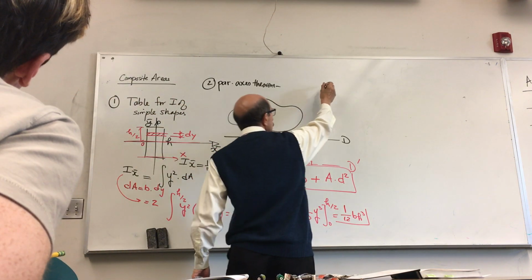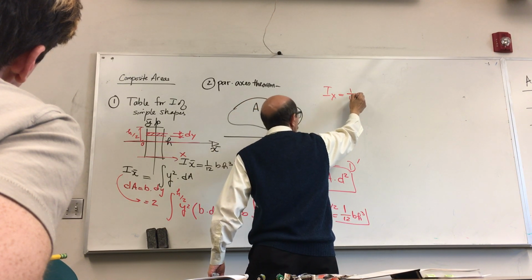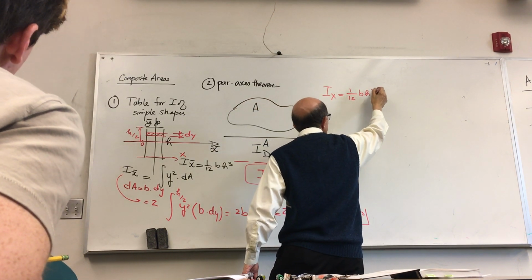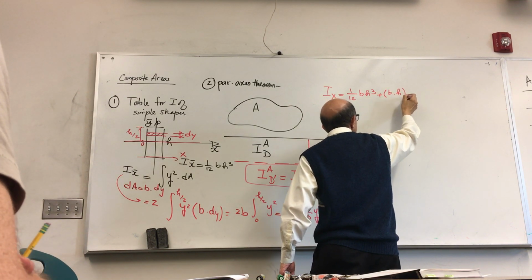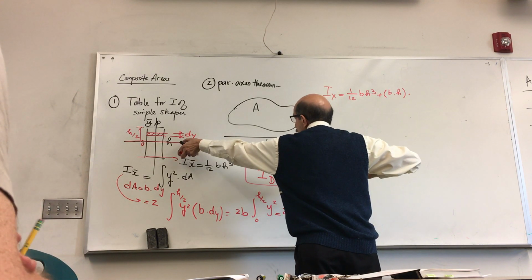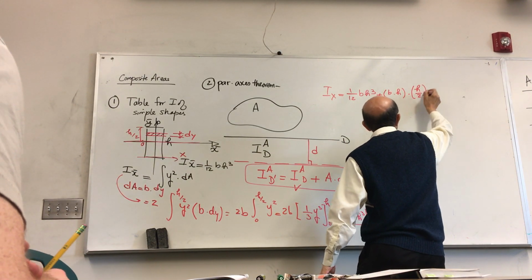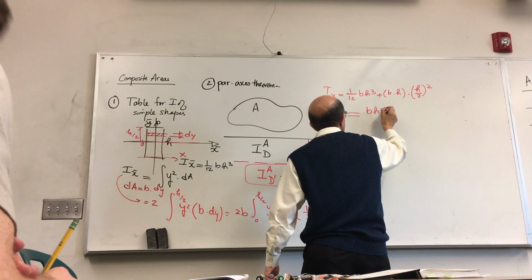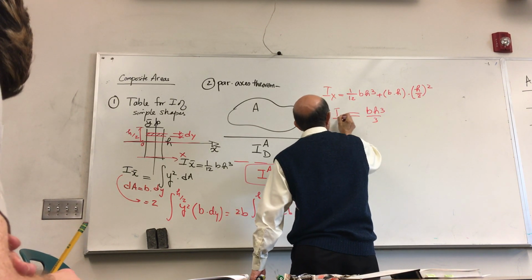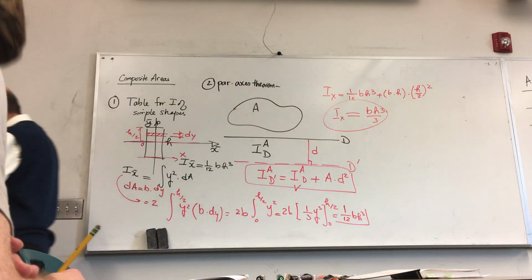If you want to find moment of inertia about x, you just simply write 1/12 bh cubed plus the area, which is b times h, times the square of the distance between the two, which is h over 2 squared. So if you simplify this, you see that this comes out to be bh cubed over 3. So that's how those are tabulated.